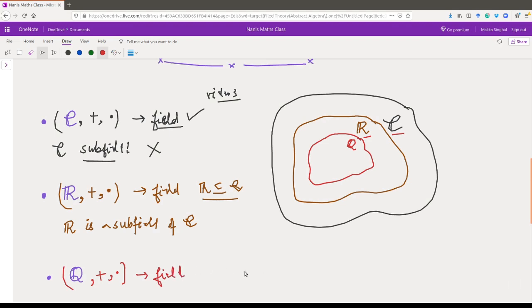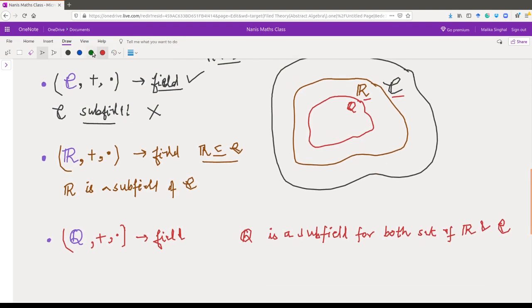Therefore, we can say that the set of rational numbers is a subfield of both the reals and the complex numbers.